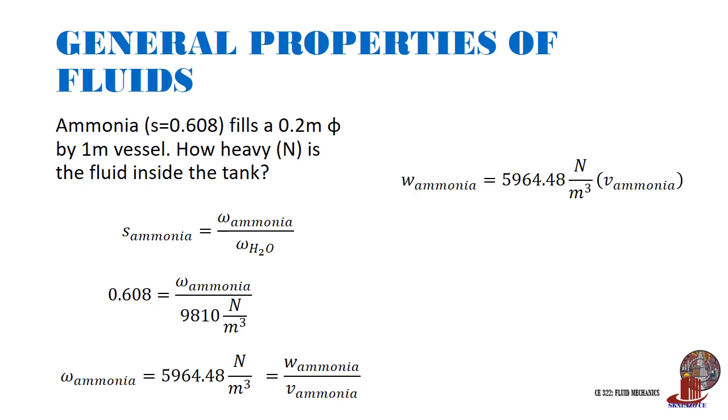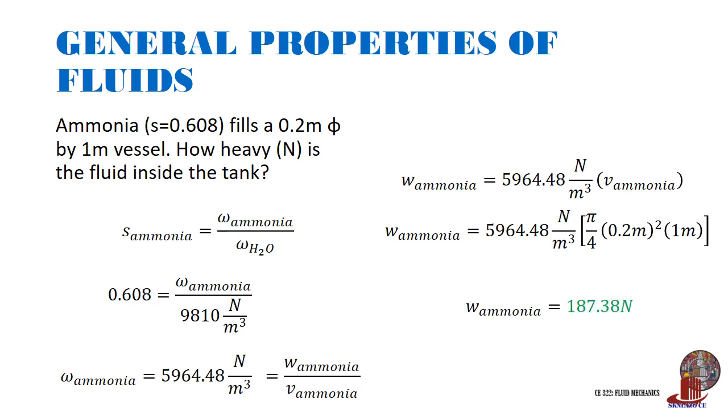Thus, if we are going to have them cross-multiplied, our weight of ammonia would be that of the unit weight, 5,964.48 newtons per cubic meter, times the volume of ammonia, wherein our vessel would give us the volume of pi over 4 times 0.2 meters squared, or that would be the area, and 1 meter length, which would give us our value for the weight of ammonia as 187.38 newtons.